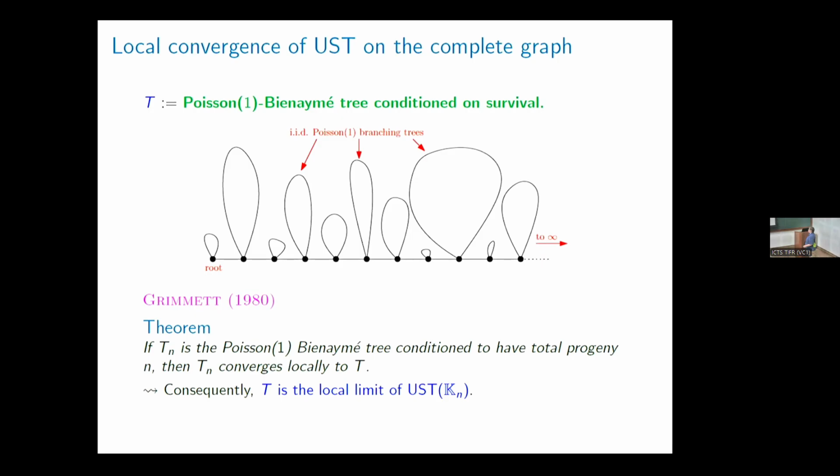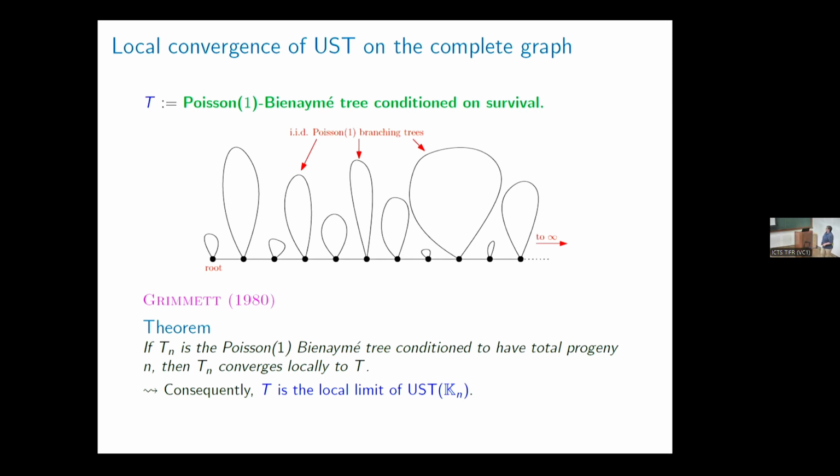It's a rooted tree consisting of precisely one line of descent, which goes to infinity. And from that one line, you have lots of trees branching off. And these are family trees of a branching tree with Poisson offspring distribution with mean 1. They are independent of each other. And in a certain sense, the result you will see tomorrow will tell, yeah, that's the tree I'm taking here. And the rest I'm telling you tomorrow.